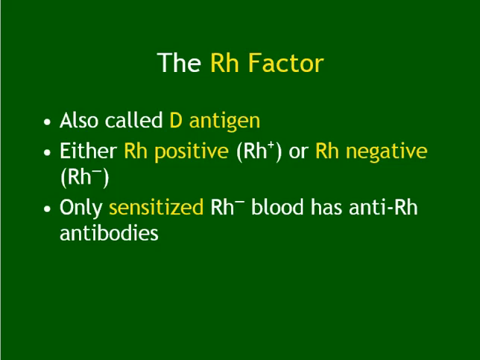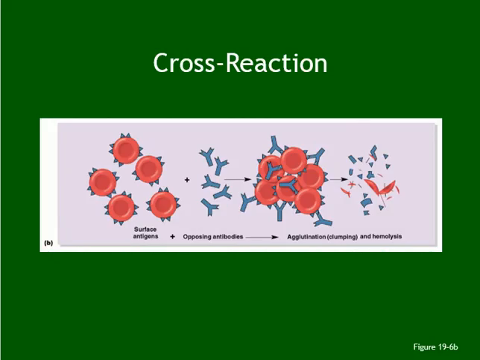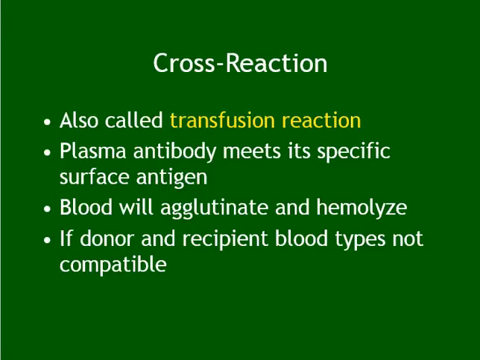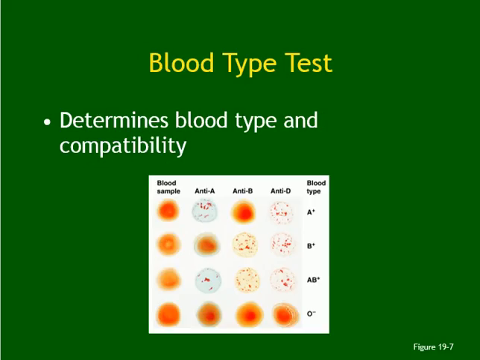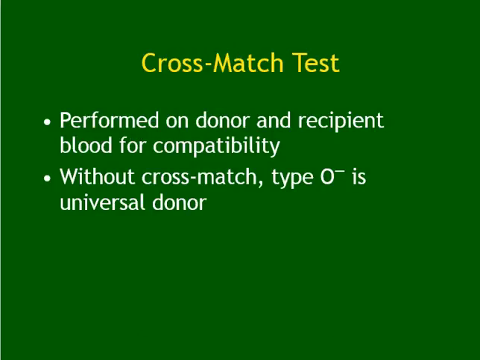So this is what we need to know in this part. And cross-reaction is also important, which is called a transfusion reaction. What does it mean? Incompatible blood leading to hemolysis. Cross-reaction.